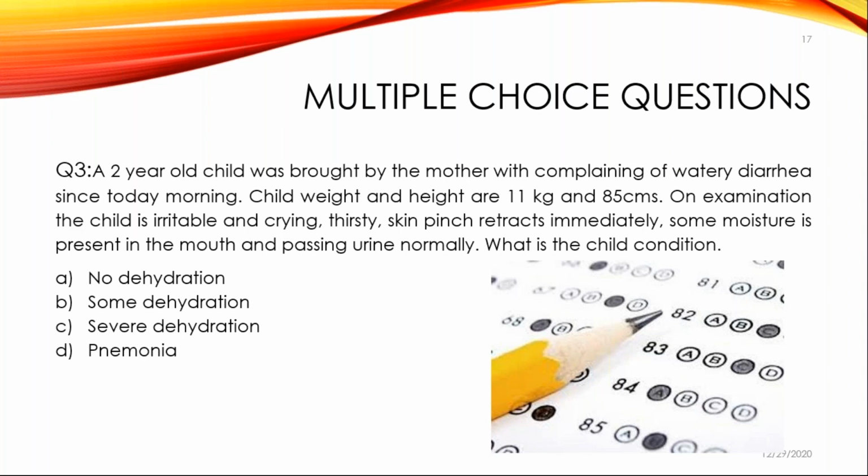Although most of the points here, like being thirsty or skin pinch, more or less point towards dehydration, the child is also irritable and crying, so I don't think there's an issue with that. Plus in most MCQs there are usually two options which are quite confusing and two which are directly seen to be wrong. I totally agree with Pankaj sir that he has pointed out something well, but I don't find anything wrong here. Just a personal point.